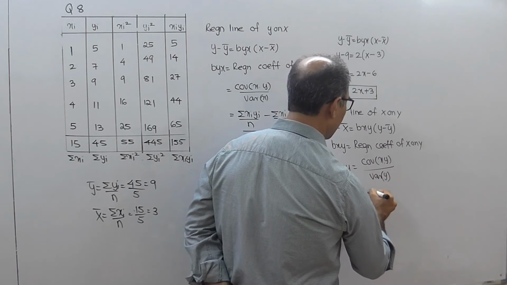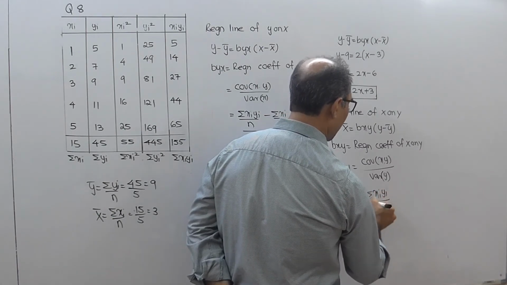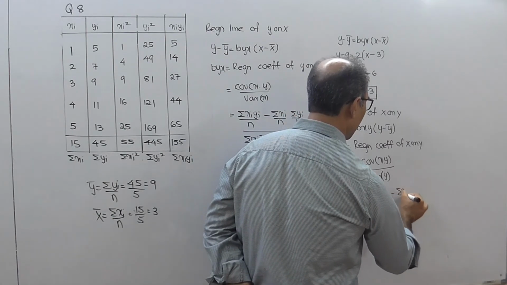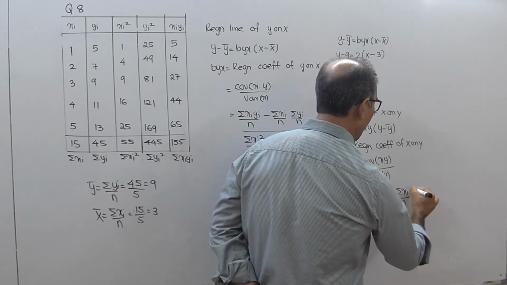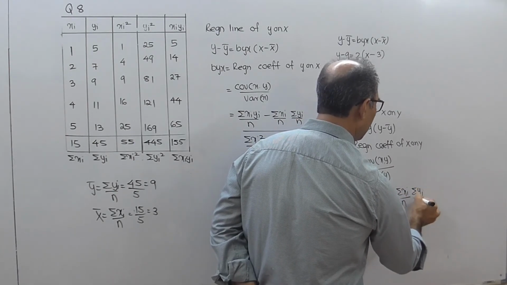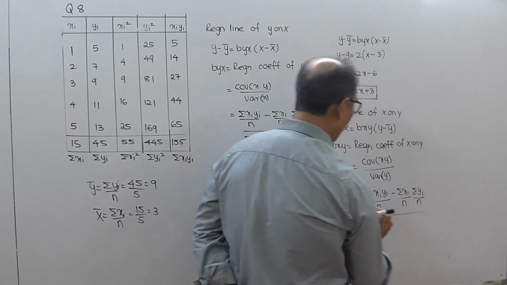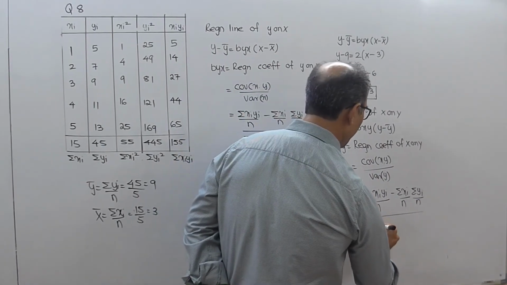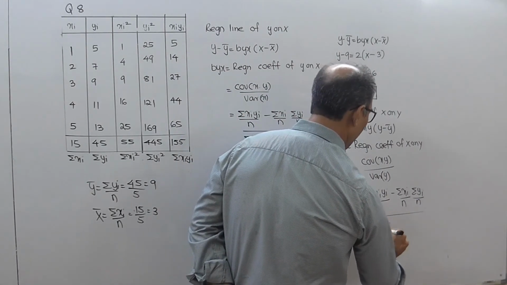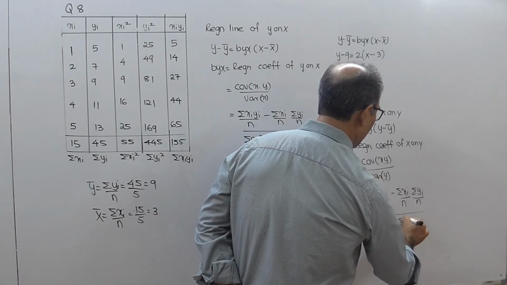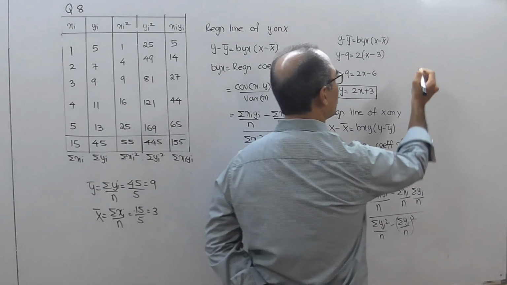That means this will be sigma xi yi upon n minus sigma xi upon n times sigma yi upon n. Variance of y will be sigma yi square upon n minus sigma y upon n the whole square.